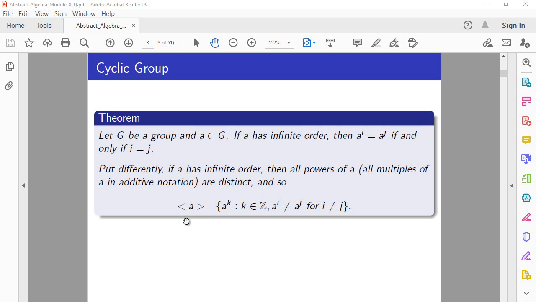And so the subgroup generated by A is the set of all powers of A to the k, where k is an integer, and where A to the I is not the same as A to the j for I not equal to j. So this is pretty much telling us that the powers of A are all distinct.